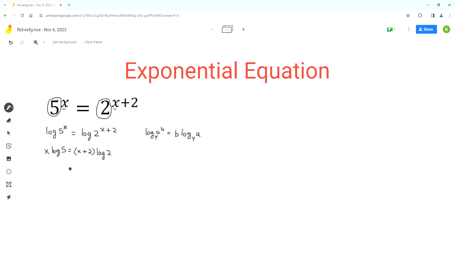Now we just have to gather the x terms and isolate x. First, on the right side, we can distribute log 2 into the parentheses. So we get x log 5 equals x log 2 plus 2 log 2.